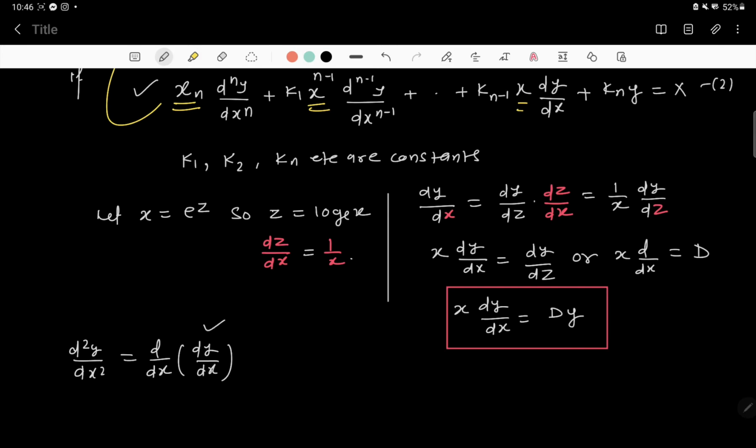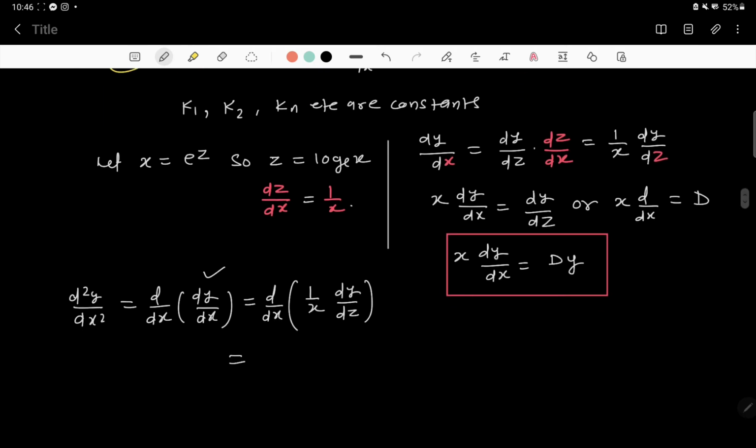You have already found dy/dx, which is 1/x dy/dz. After differentiating by the u dot v formula we get minus 1/x^2 dy/dz plus 1/x d/dx of dy/dz, times dz/dx.